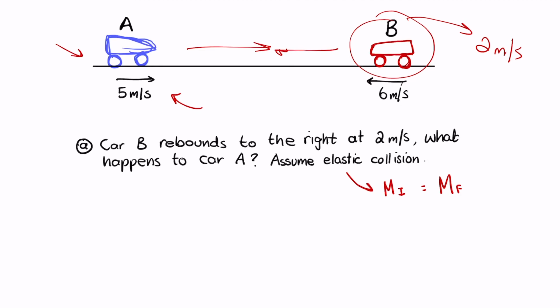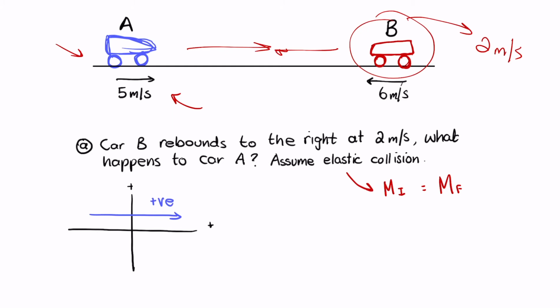Now, the last thing to realize with momentum is that momentum is a vector quantity, meaning it has a direction. So if we draw our little axes here, we can denote the uppermost side as positive, and towards the right as positive. So with regards to car A, it's traveling in this direction, meaning that it has positive momentum.